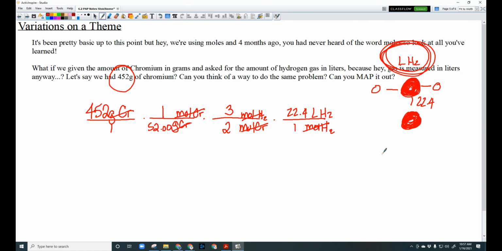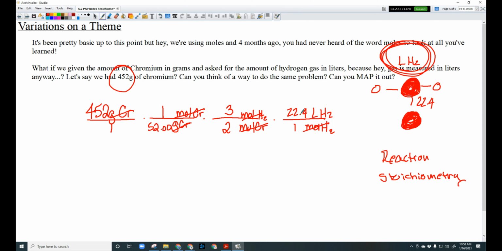This is reaction stoichiometry. Okay, reaction stoichiometry. That's all this is. So I do 452 times 1 times 3 times 22.4.